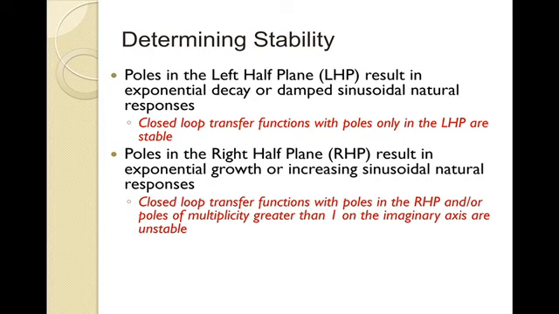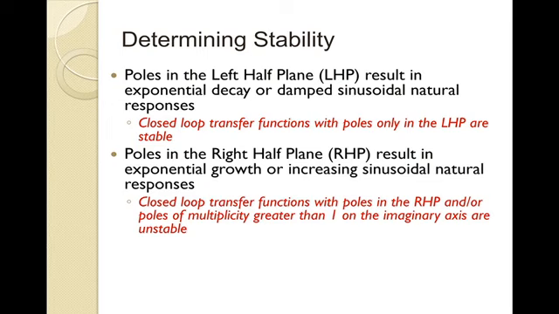So real quick, here is our real axis and our imaginary axis. If I have poles over here in what I'm going to call the left half plane, generally I'm going to be stable. However, if I have poles over here in what I'm going to call the right half plane, so I might have some poles here or some poles here, these are going to be unstable.